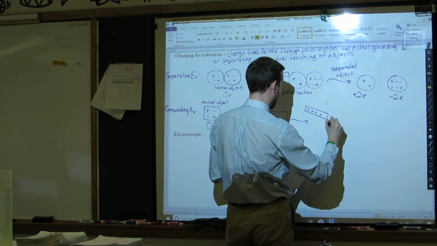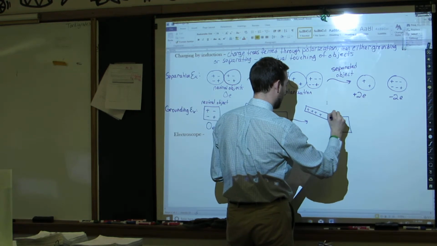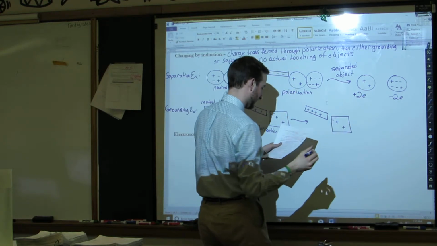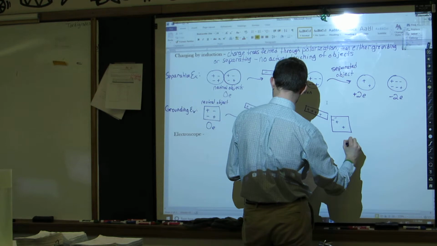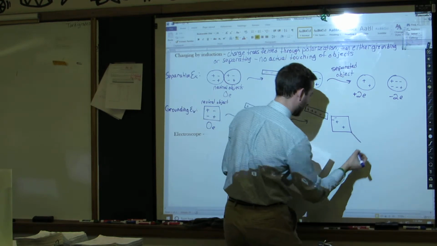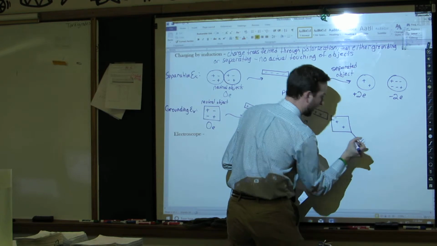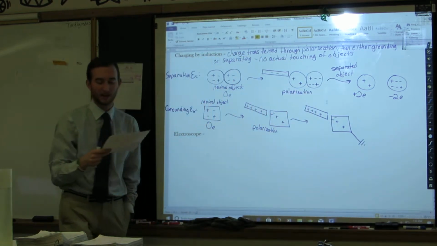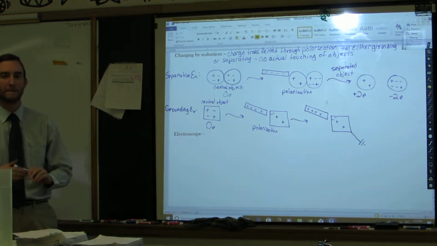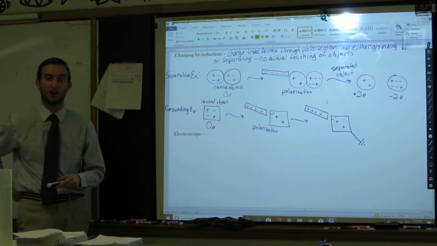While the polarizing object is still present, we take our neutral object and we do something with it. We attach it via wires or some sort of conductor connection. I know I'm kind of running out of room here. We attach it to what we call the ground. Essentially what that means is it is attached to something that is attached to the Earth. The Earth is a huge repository of electrons, okay?